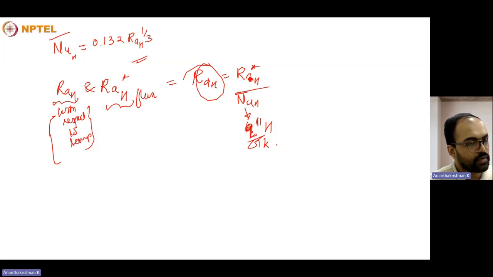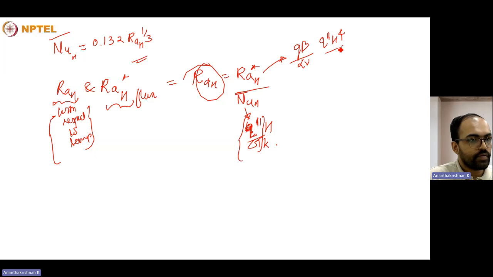The Rayleigh number with respect to flux has q double dash. So this particular term will be equal to g beta divided by alpha nu, into q double dash H raised to 4 divided by k, and this term will be equal to g beta divided by alpha nu, delta T H cube.